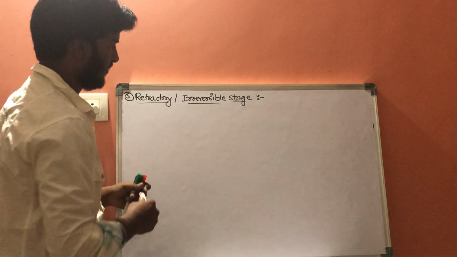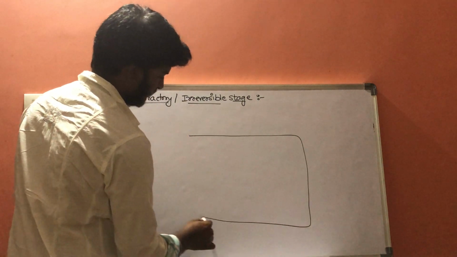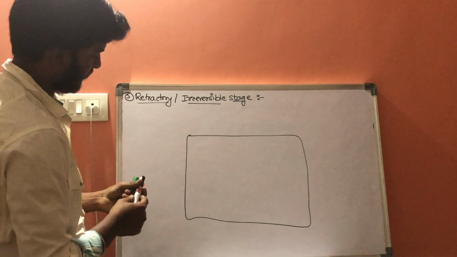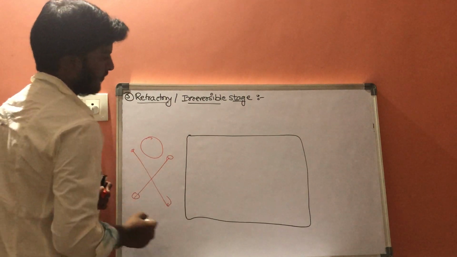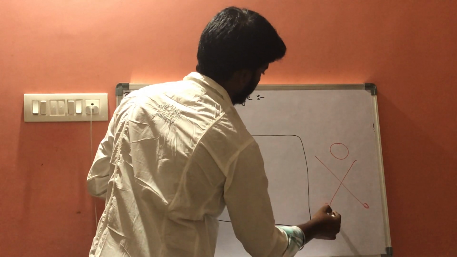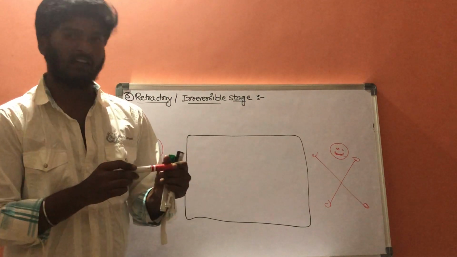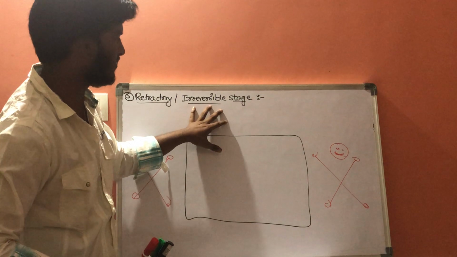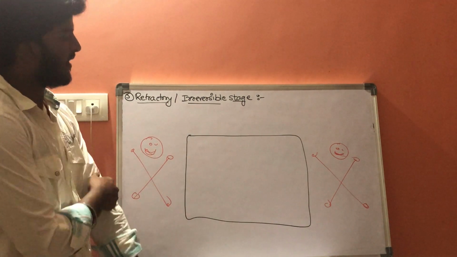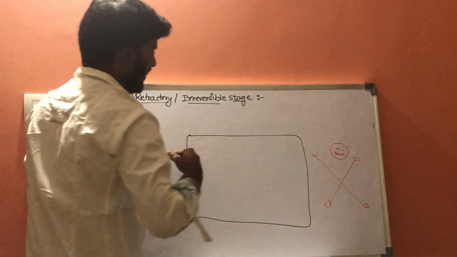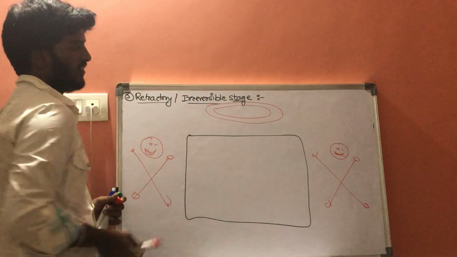Now let us consider this is one cell which has entered into the irreversible stage, and here let us consider this is his circulatory system.